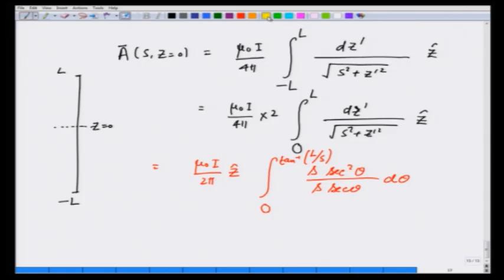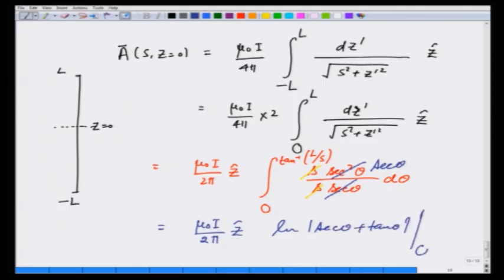All right. So, now let us do some cancellations again. s cancels, the secant square theta cancels here, and I get secant theta, and therefore, my answer comes out to be mu naught I over 2 pi in the z direction log of secant theta plus tangent theta from 0 to tan inverse L over s, which I can simplify.